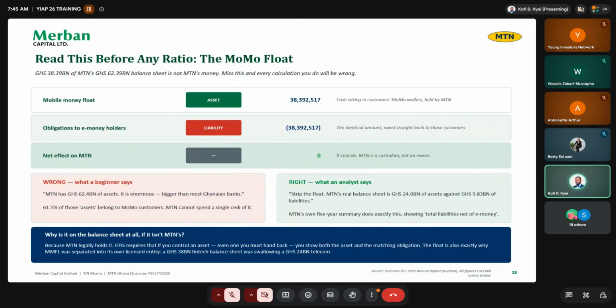So technically, that amount doesn't belong to MTN Ghana or Scancom PLC. The real balance sheet is 24 billion, which sits against liabilities of 9.8 billion. Okay, let's move on.